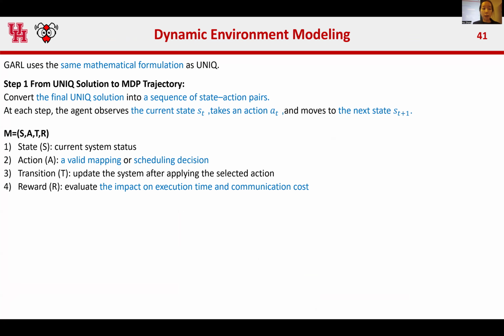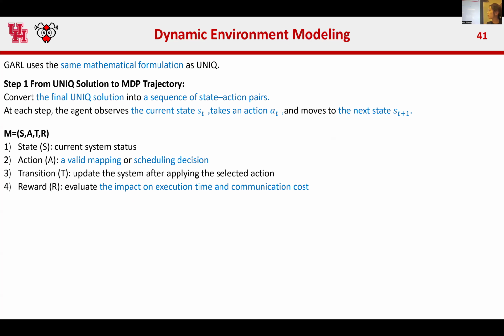And step 1, from unique solution to the MDP trajectory. We will convert the final unique solution into a sequence of state-action pairs. At each step, the agent will observe the current state, take an action, and move to the next state.